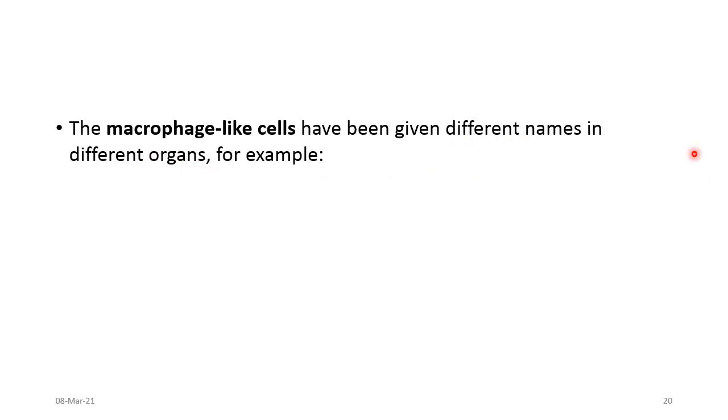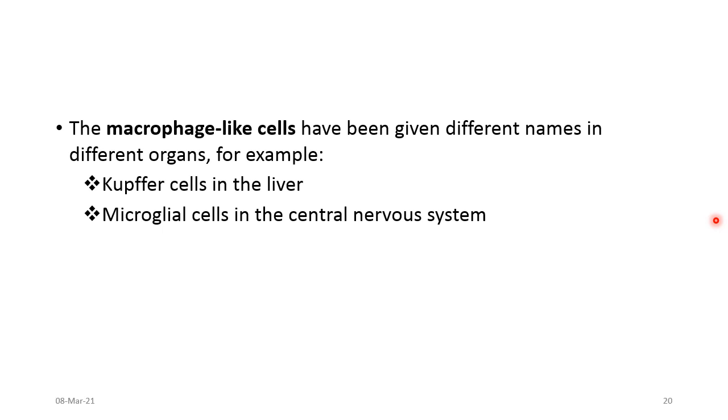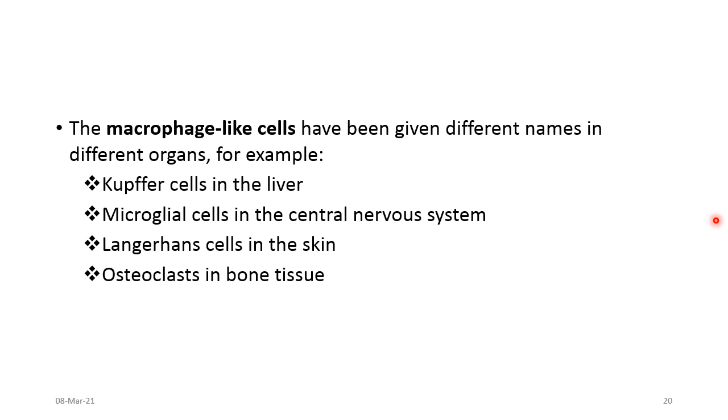For example, Kupffer cells in the liver, microglial cells in the central nervous system, Langerhans cells in the skin, and osteoclasts in bone tissue. These are macrophage-like cells in the other organs.